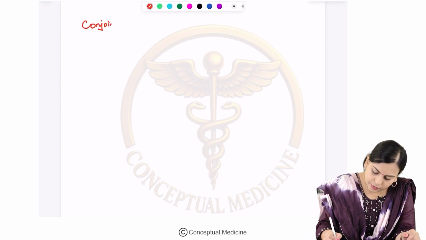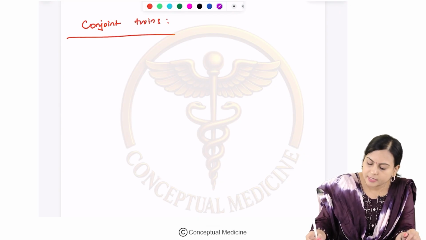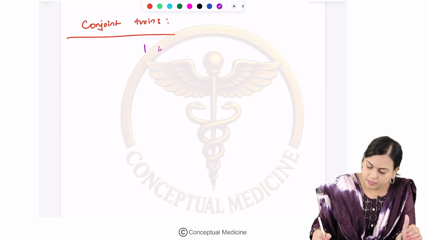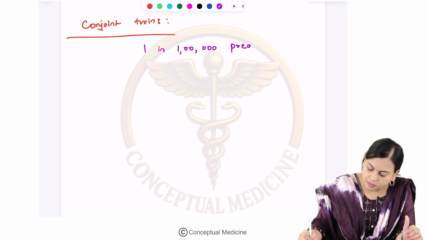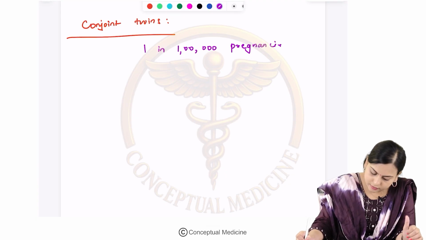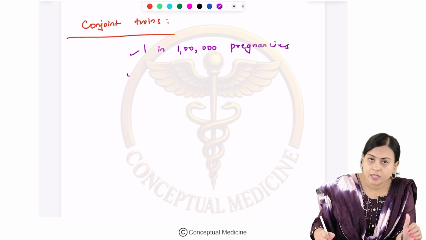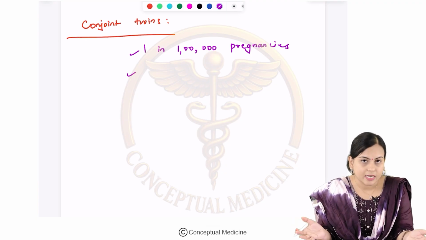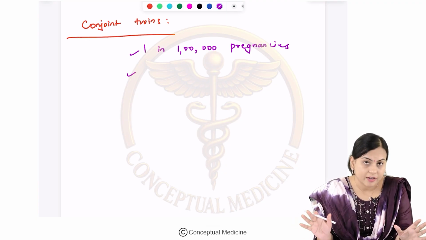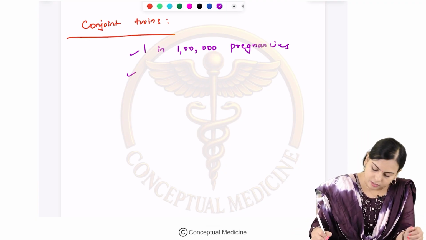When we speak about conjoined twins, it is seen in 1 in 1 lakh pregnancies. The twins can be connected at any level and they can even have shared organs.